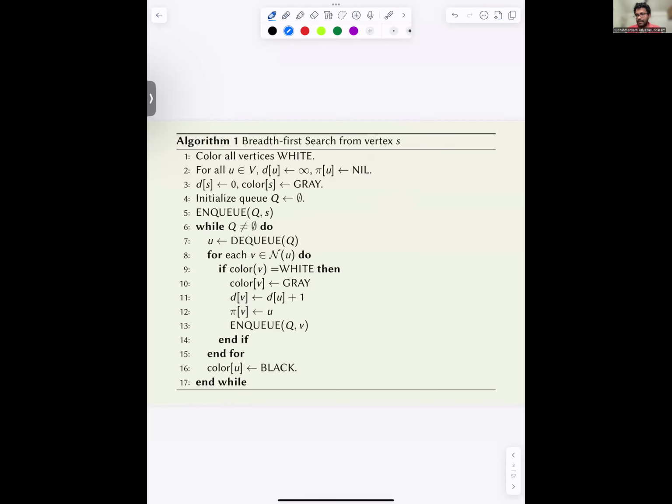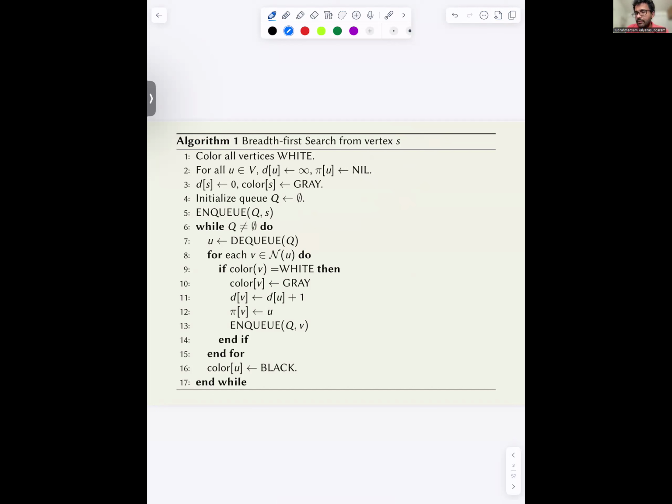Right. So this is the algorithm pseudocode. There are a couple of things I want to quickly talk about. Initially all the vertices are white, except for the source vertex.